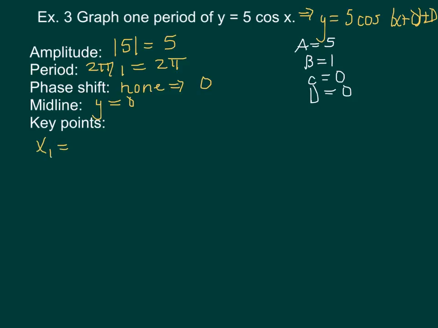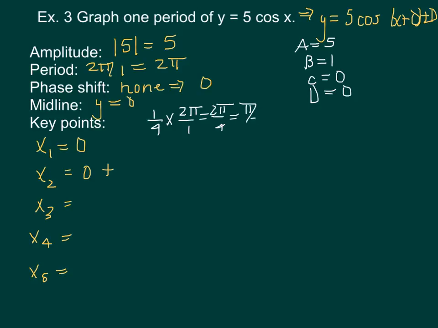And to get your key points, your first x starts at 0. So this is going to be similar to the unit circle. And then to know what you're adding each time, you're going to do 1/4 times your period, which is 2 pi over 4, which equals pi over 2. So that's what we're going to add each time to get our 5 points. So 0 plus pi over 2 is pi over 2.